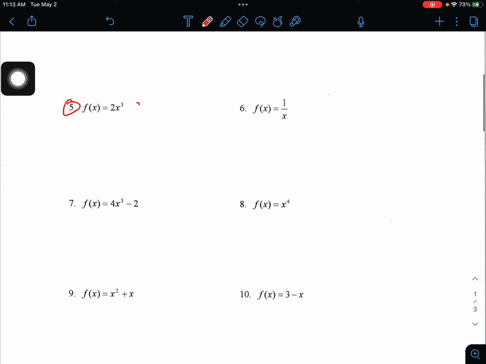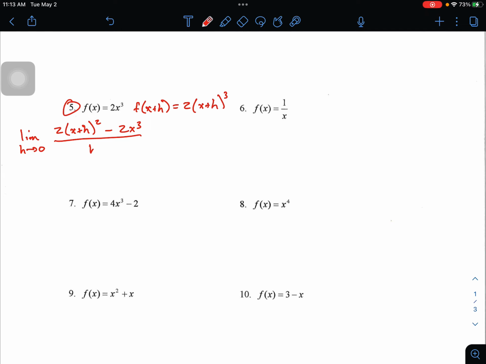So if we do that, f of x plus h for this problem is going to be 2 times x plus h cubed. Okay. Now we've got our f of x and our f of x plus h. So now we can start finding the limit as h approaches 0. F of x plus h is this part that we just said, minus f of x, 2x cubed, all over h.